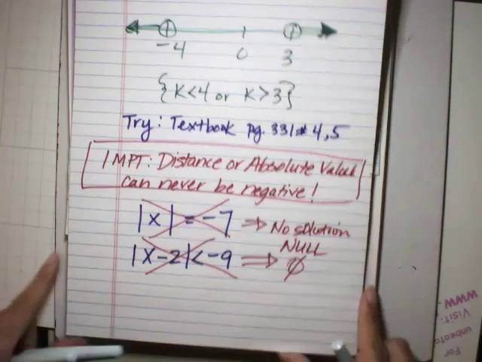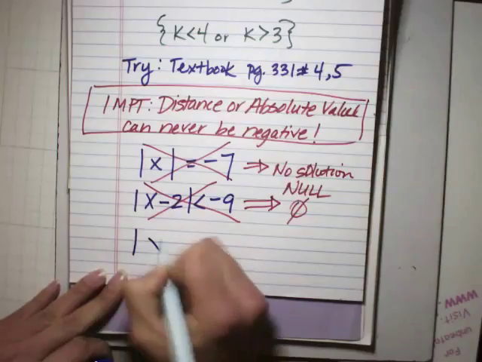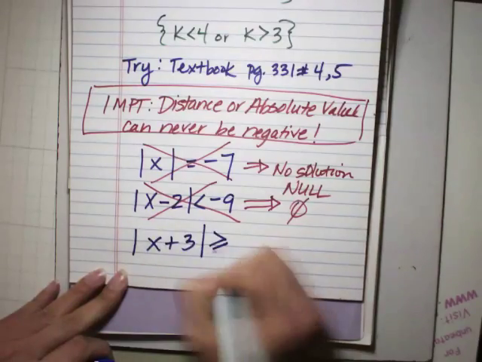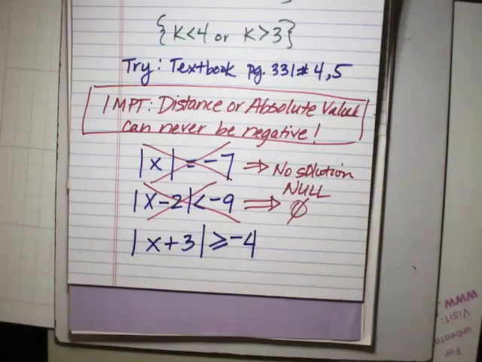Okay? I'm going to throw this problem up, and I want you to think about this one really carefully. Absolute value of x plus 3, can this be true? Is there any number you can plug in here to make this statement true?